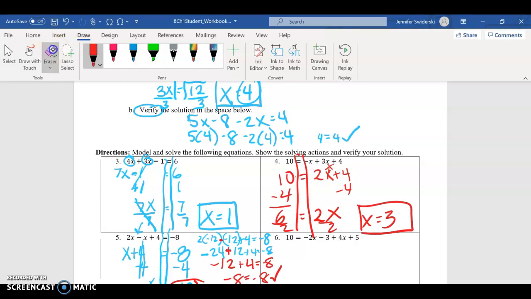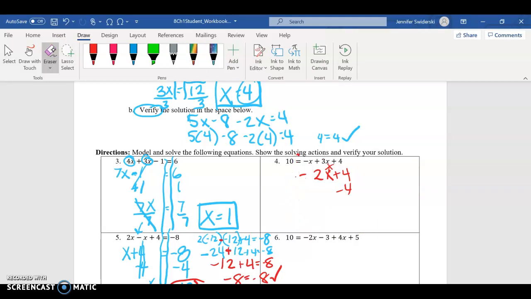Now hear me out. I've also seen some 8th graders do this. Some 8th graders say, Miss Swiderski, I don't like how that looks. So due to the commutative property, which you learned, I think, in 6th grade, you can rewrite. If I have 3 equals 2 plus 1, can I also say that 2 plus 1 equals 3? It's the same thing. I'm just flipping that. Absolutely. So watch this.